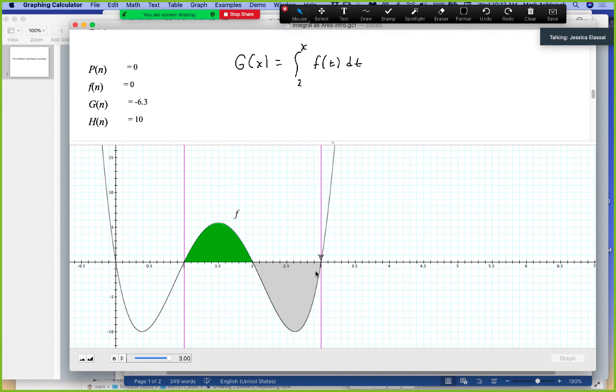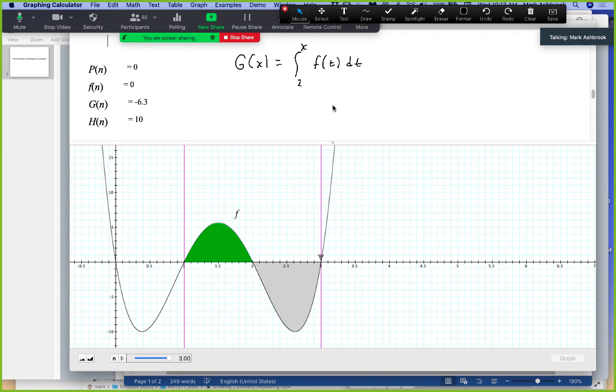It's decreasing. What is the area of that region? 6.3. Positive 6.3, right? The area is positive 6.3, but our signed area is negative 6.3, right? So the actual area is 6.3, signed area is negative 6.3.